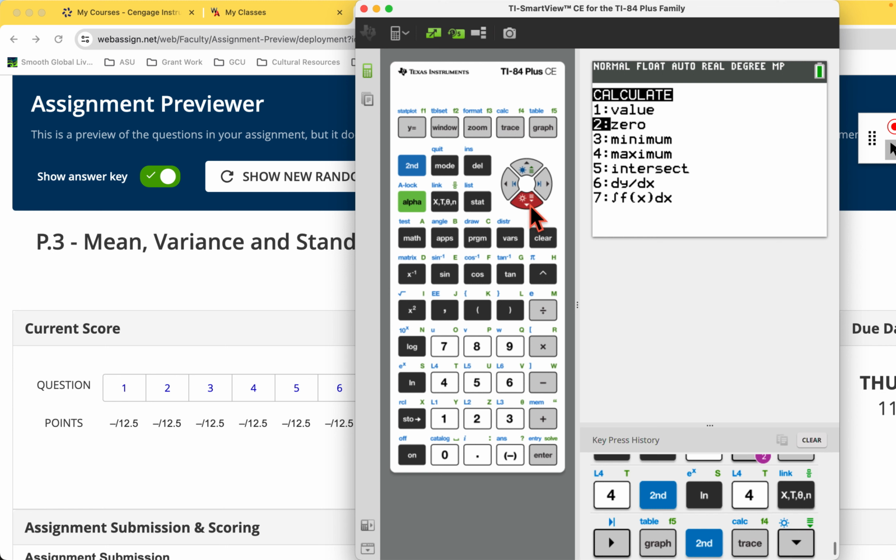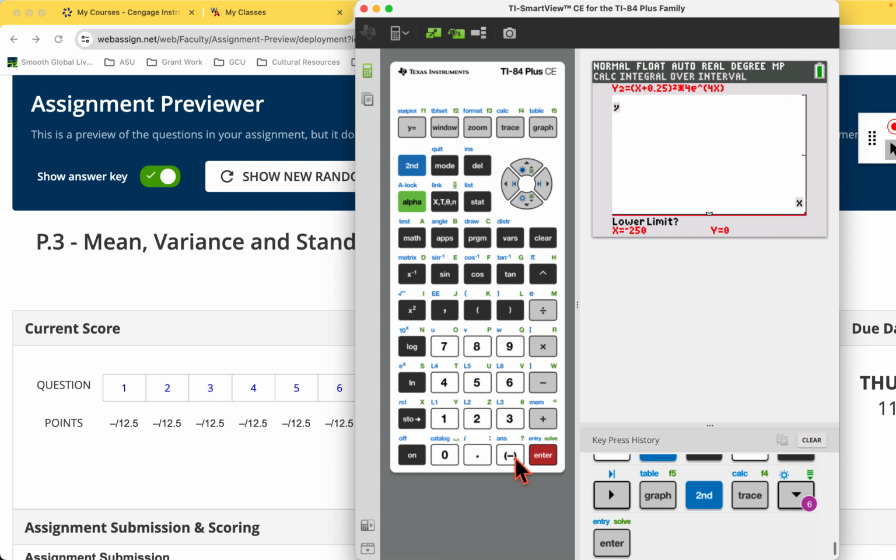But we're not going to see much because we're so far out to get to negative infinity. The lower limit is negative 500, the upper limit is 0. It does its work, and it tells us that the variance is 0.0625. That's as accurate as we can get.